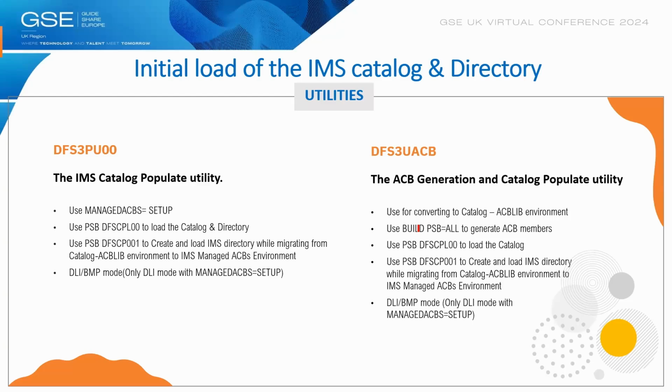For the initial load of the catalog, if you want to use the catalog populate utility, you need to ensure that MANAGEDACBS is set to SETUP. You can use any of these PSBs depending on how you want to populate your catalog, whether you want to load it for the first time, or if you want to just update it if you are already in the catalog and ACB library environment.